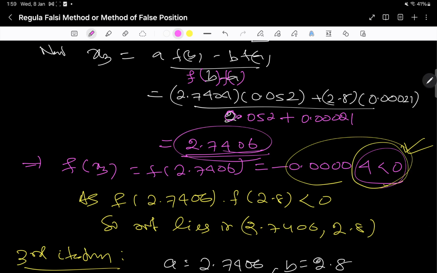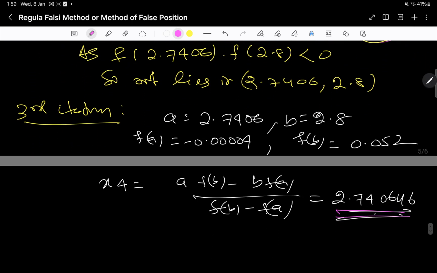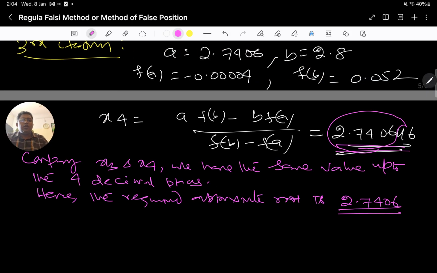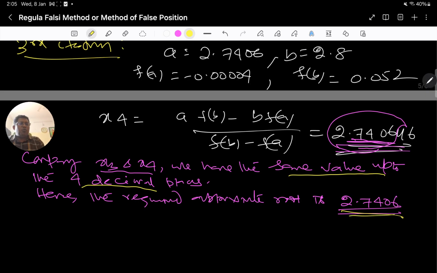So up to 4 decimal places our answer is correct. Comparing x3 and x4, we see the same value up to 4 decimal places. Hence the required approximate root is this.